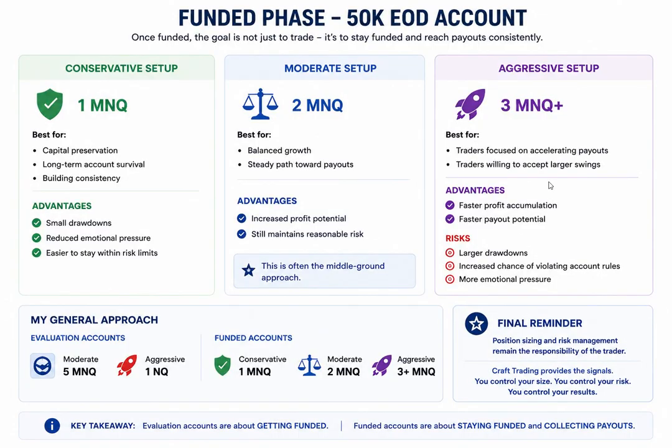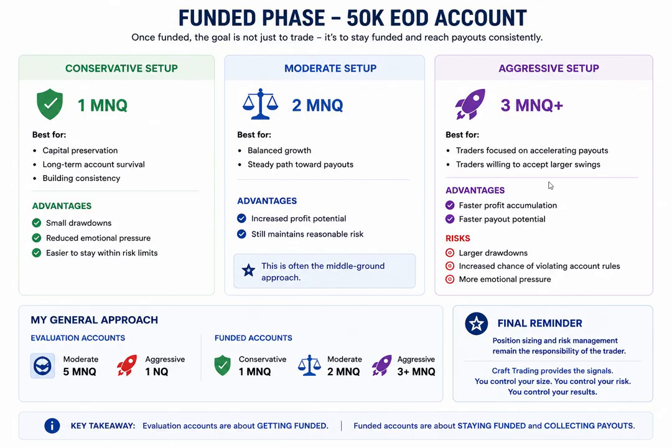The other phase is the funded, right? Now we have the account from evaluation to funded. This is where we downsize the contracts. We have invested the activation fee, the initial evaluation purchase fee, and so on.